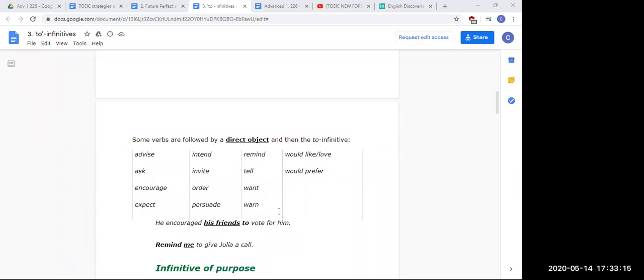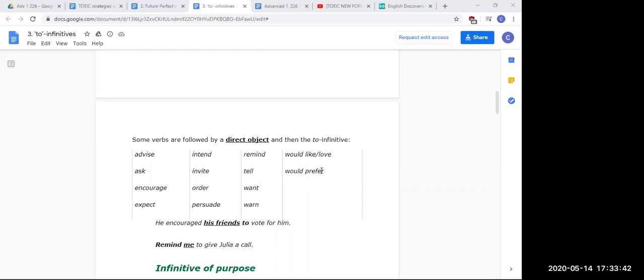Okay. So we have some more. Some verbs are followed by a direct object, and then the to infinitive. So advise, ask, encourage, expect, intend, invite, order, persuade, remind, tell, want, warn, would like or would love, and would prefer.